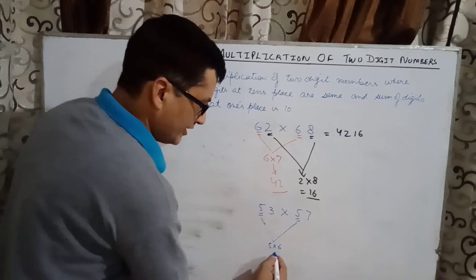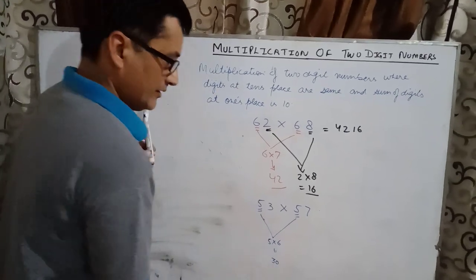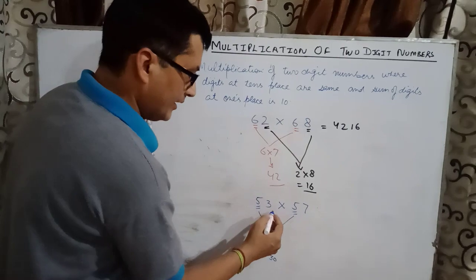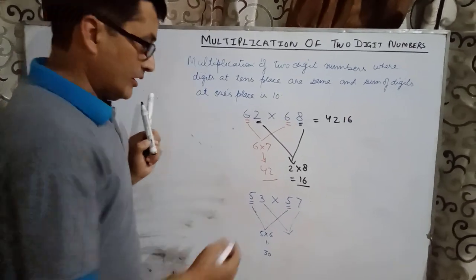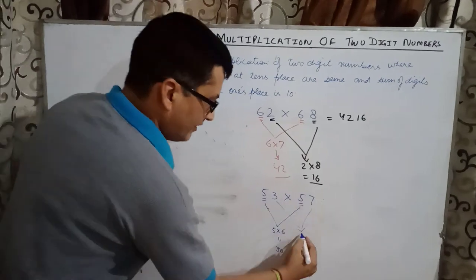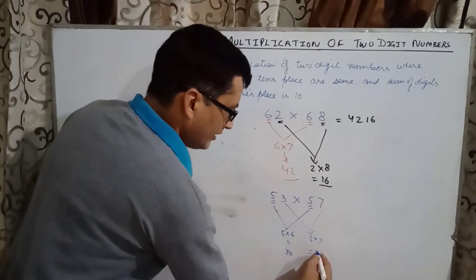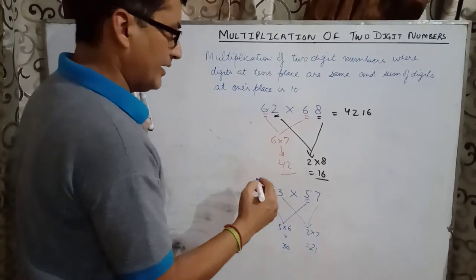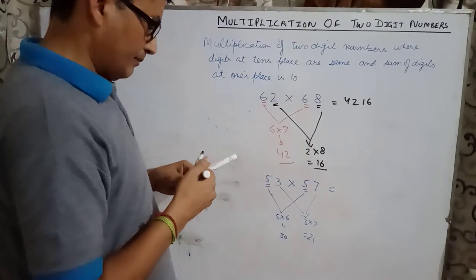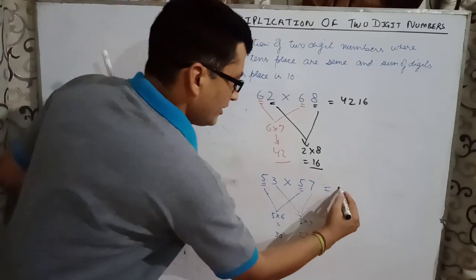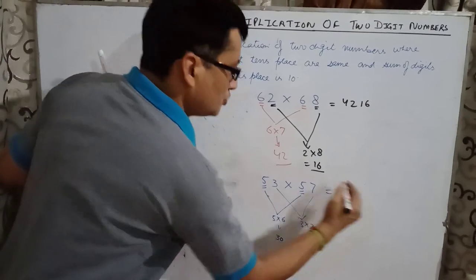So 5 into 6 is 30. So we have 30. Then the digits in the ones place are 3 and 7. So 3 into 7 is 21. So my dear students, the product of these two numbers must be 3021.